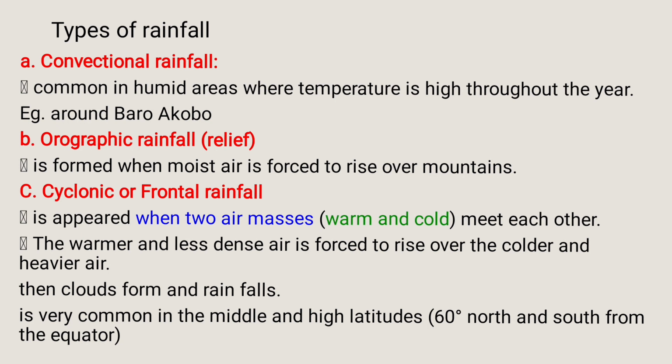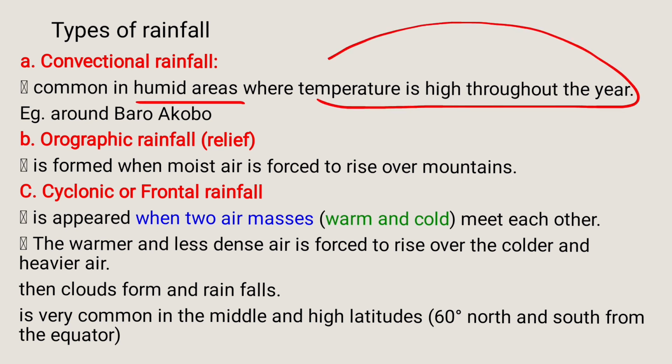Good. Types of rainfall. There are basically three types of rainfall. These are conventional rainfall, orographic rainfall, and cyclonic or frontal rainfall. The conventional type of rainfall is common in humid areas where the temperature is high throughout the year.